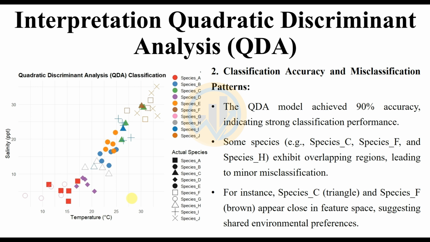On classification accuracy and misclassification patterns: the QDA model achieved 90% accuracy, indicating strong classification performance. Some species, for example C, F and H, exhibited overlapping regions leading to minor misclassifications. For instance, species C, the triangle, and species F, the brown, appear close in feature space, suggesting shared environmental preferences.